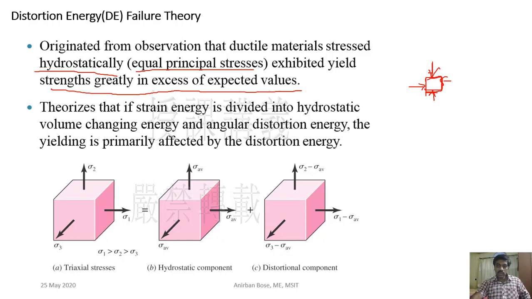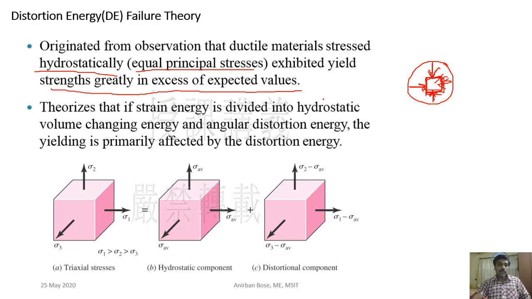If the stresses in all directions are the same and there is no shear, that means the principal stresses are the same, then you find the material is not yielding as expected. Theoretically it is infinite, but actually it will yield at a very high value. So this observation definitely tells you that yielding is not occurring because of principal stresses that are the same in magnitude in all directions.